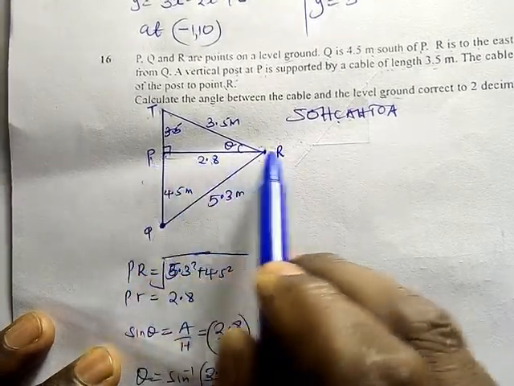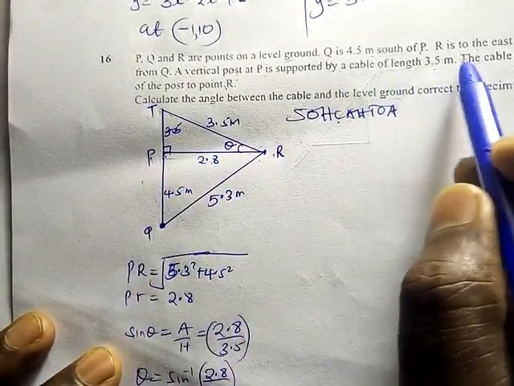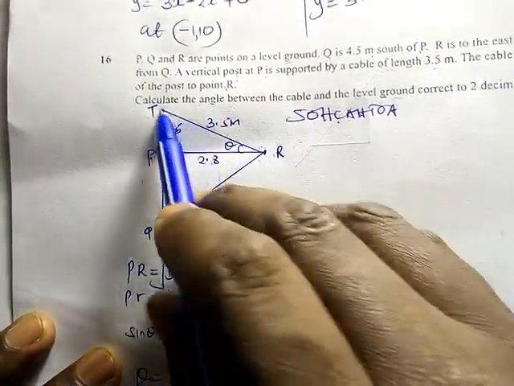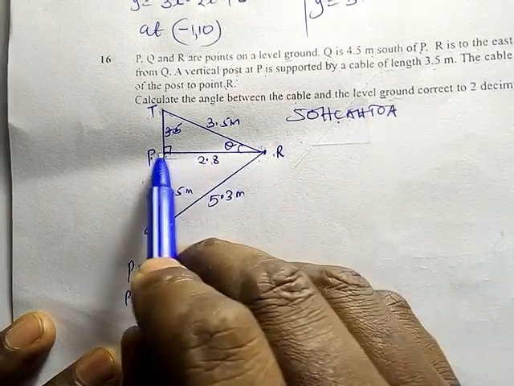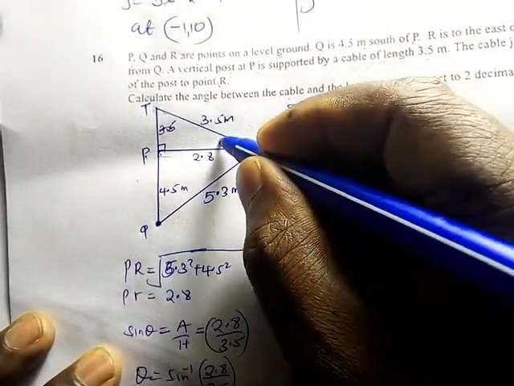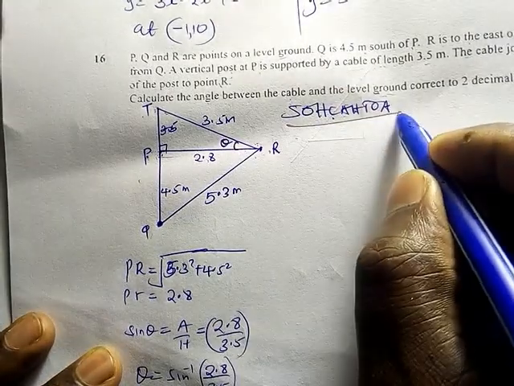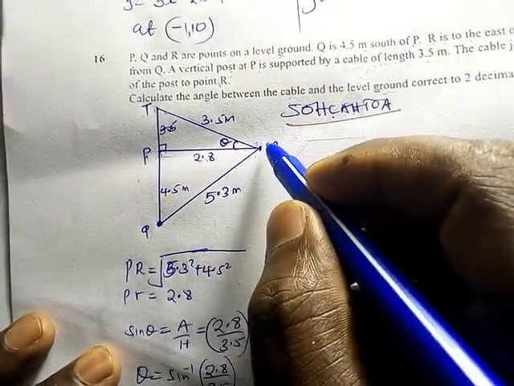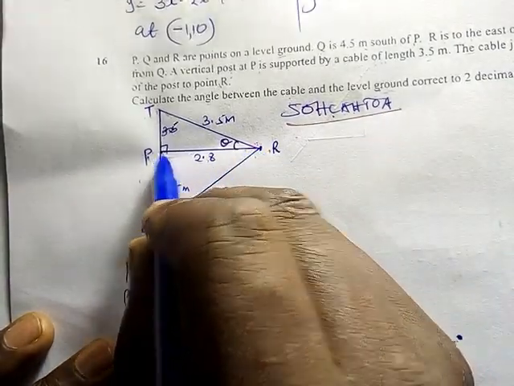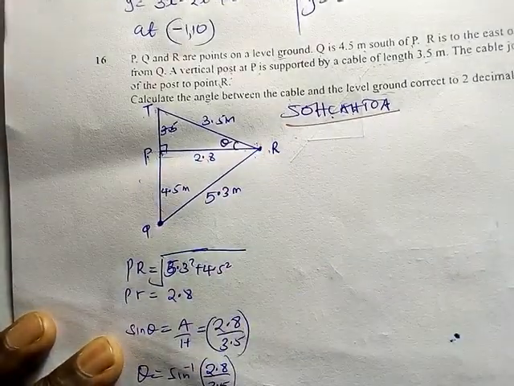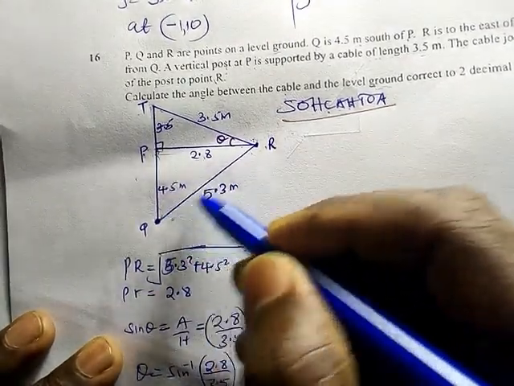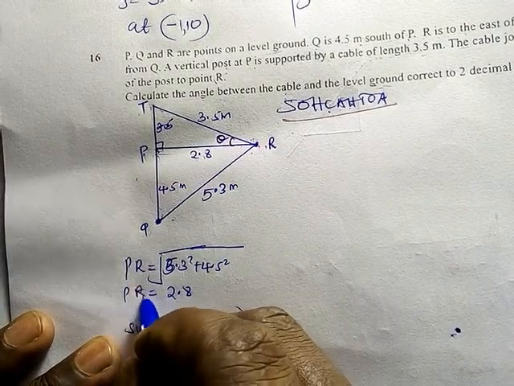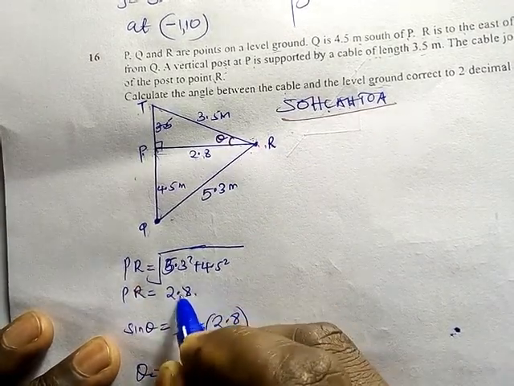We are supposed to calculate the angle between the cable and the level ground, so we are calculating this angle theta here. We use SOHCAHTOA to calculate that angle. But before that, we needed to get this distance from here up to here. We have 4, we have 5.3, and we use that to get that PR is 2.8.